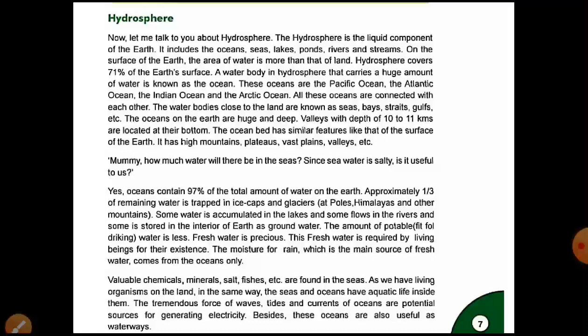Besides, these oceans are also useful as waterways. If we have to go from India to European countries, from India to Africa, from India to Southeast Asian countries, we can go to all those places with the help of waterways.